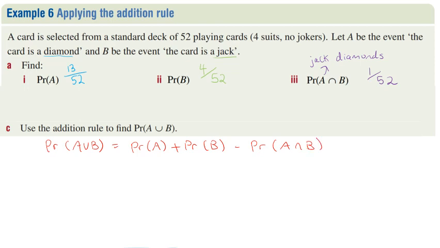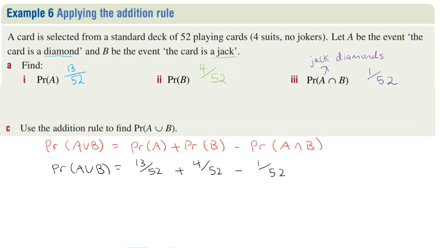Substitute in the values. This time we're trying to find A or B. We know probability of A is 13 out of 52, B is 4 out of 52, and A and B is 1 out of 52.